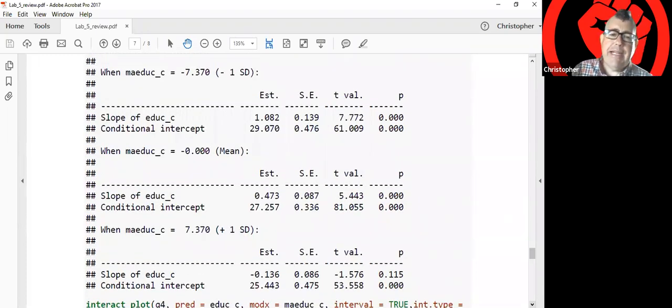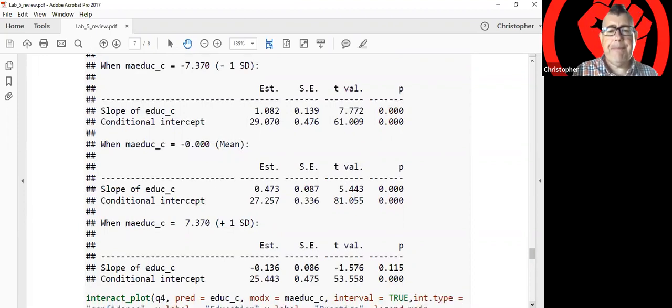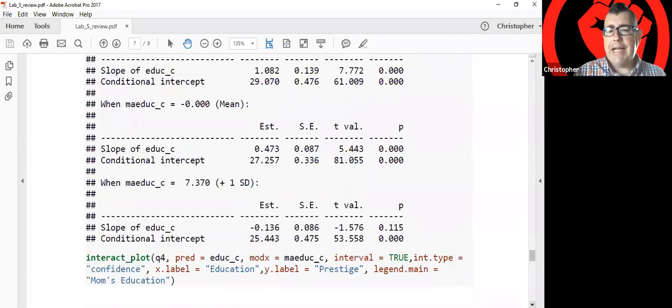And then as we get to the top, we see that we now have a non-significant relationship. So for 1 standard deviation above the mean on mom's education, there's no relationship between your education and your occupational prestige.